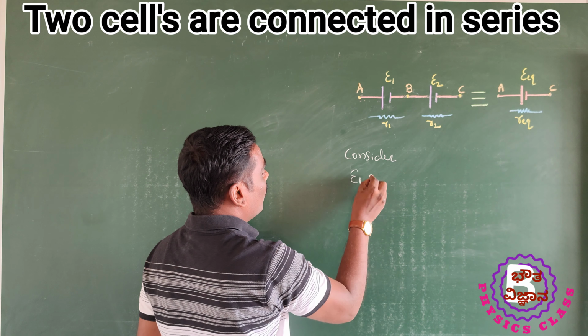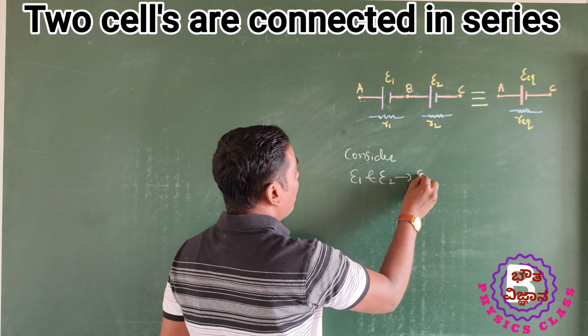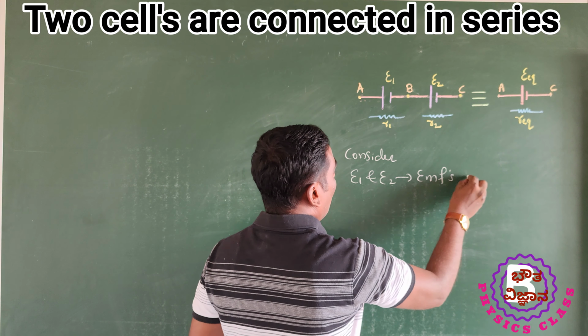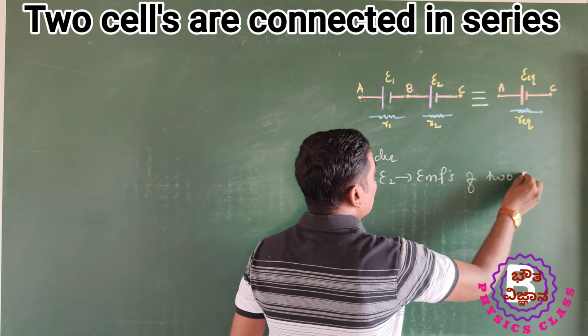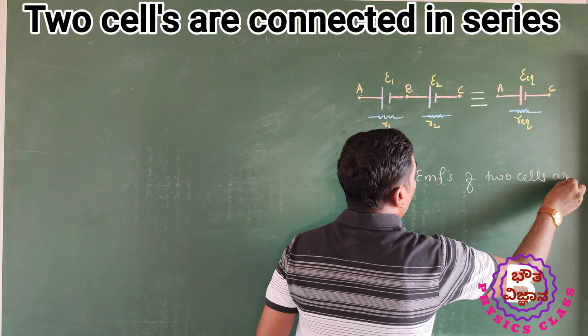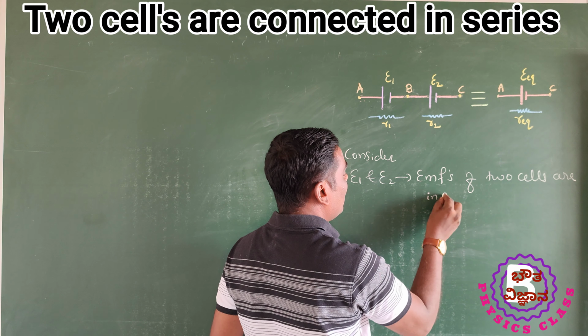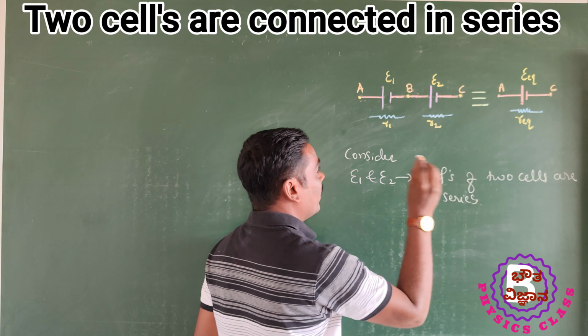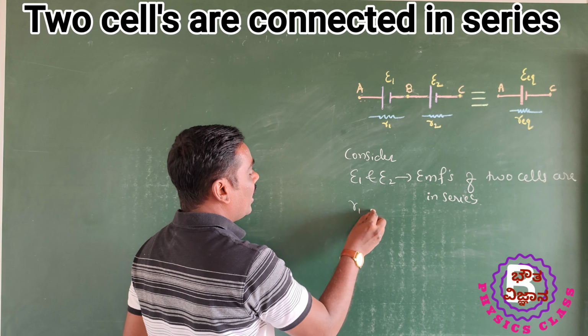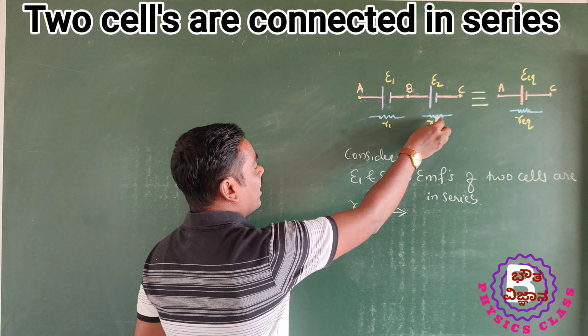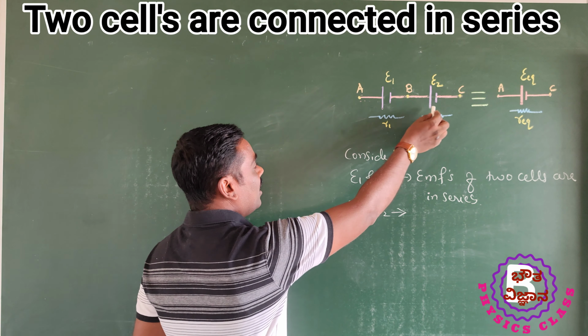E1 and E2 be the EMF of two cells, and they are in series. Okay, then what is their R1 and R2? R1, R2 I have taken as the internal resistance of the first and second cell.